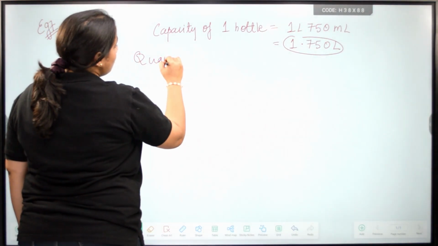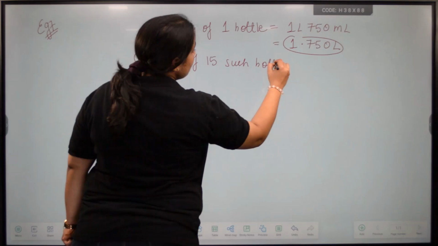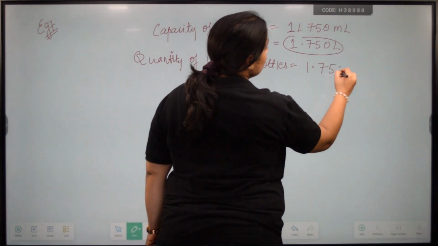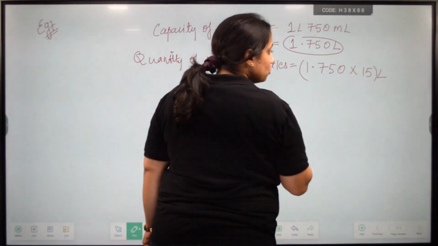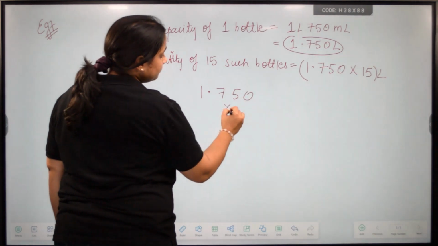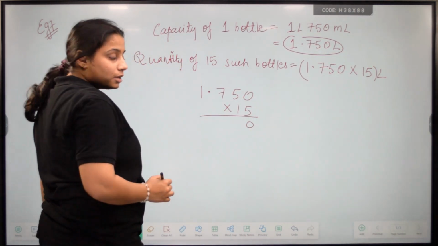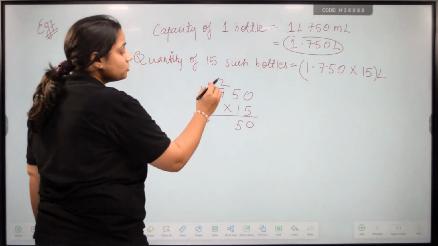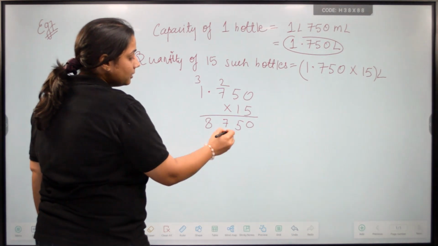So the quantity in 15 such bottles will be equal to 1.750 into 15. It will be in liters only. So I am performing the multiplication here. 5 into 0 is 0. 5 into 5 is 25. 5 into 7 is 35 plus 2 is 37. 5 into 1 is 5 plus 3, 8.